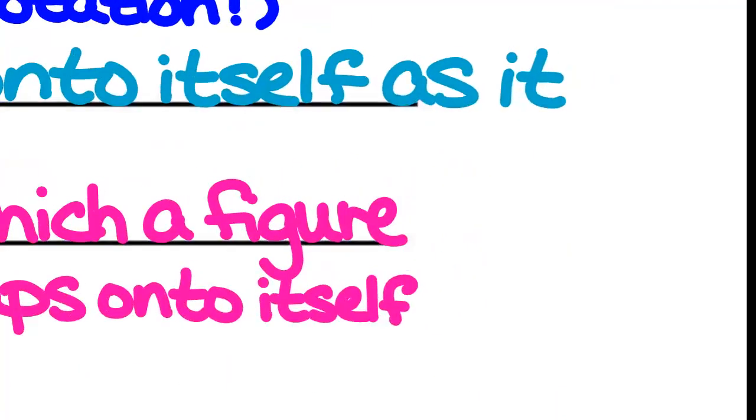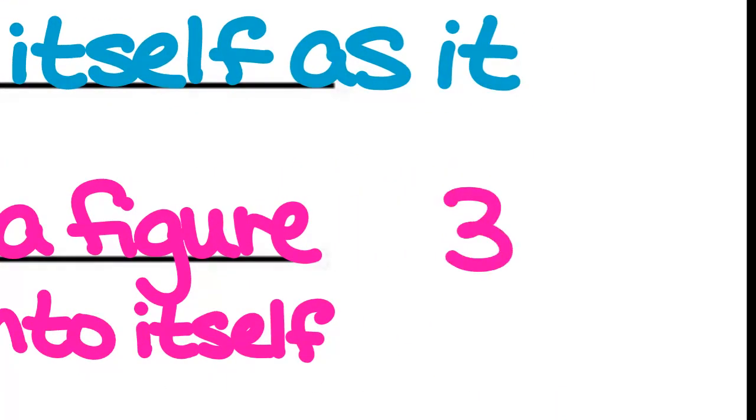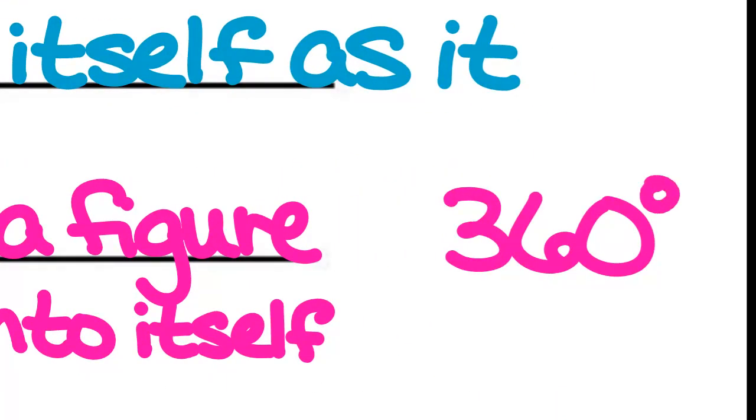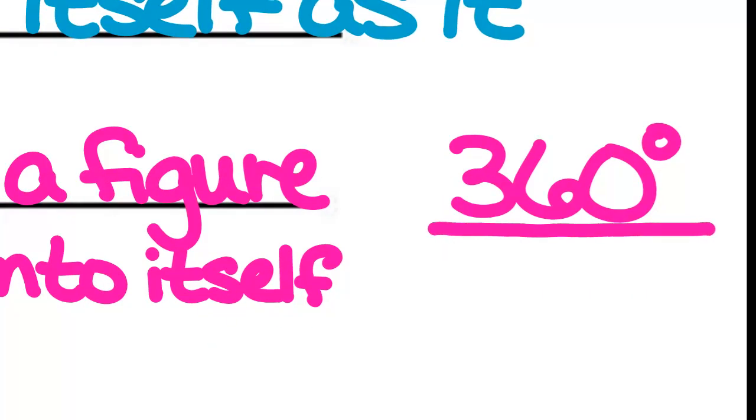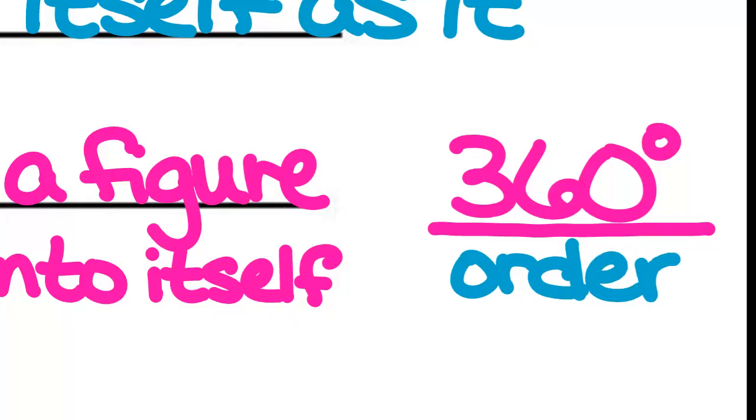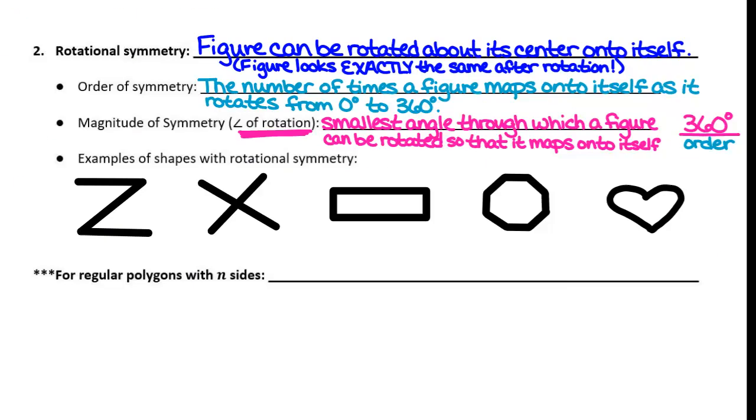And the way we find magnitude is 360 degrees divided by whatever the order is.